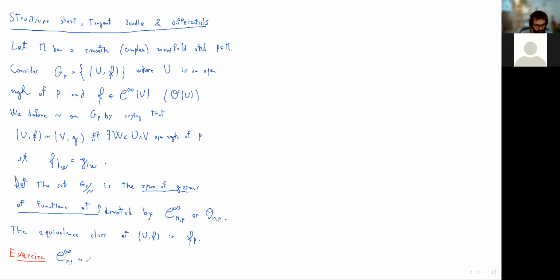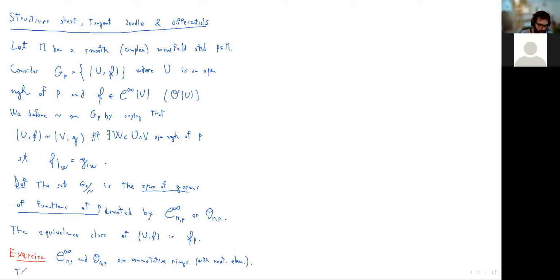And the thing is that the spaces of germs are actually commutative rings. And when I say rings, some authors distinguish: a ring might not have a neutral element for multiplication, while some authors define a ring to already have one. So for me, rings always have a neutral element for multiplication, but I will not repeat this.